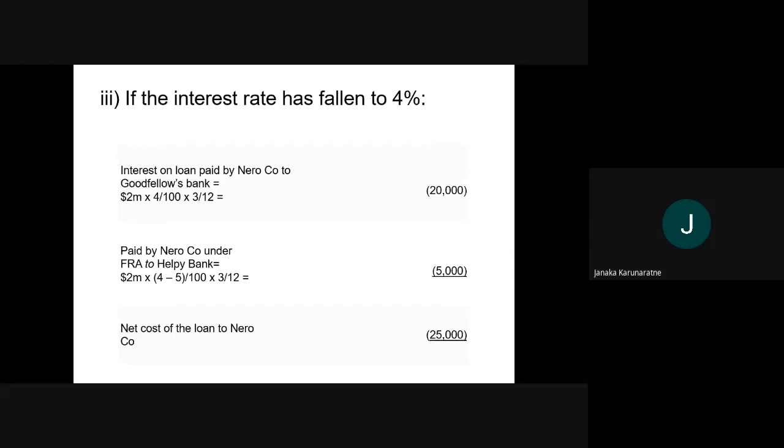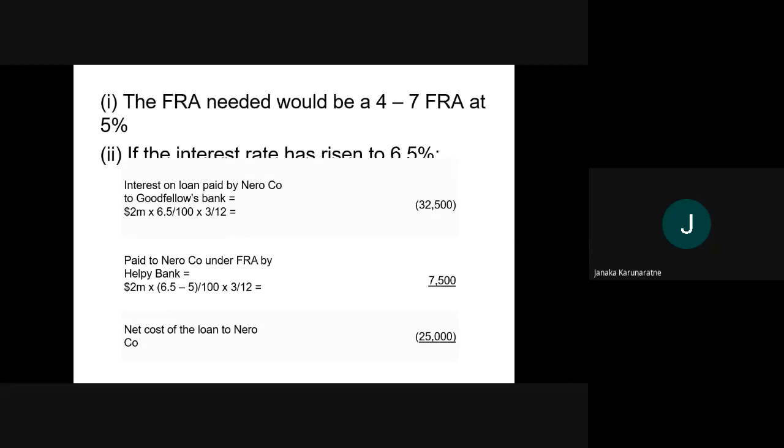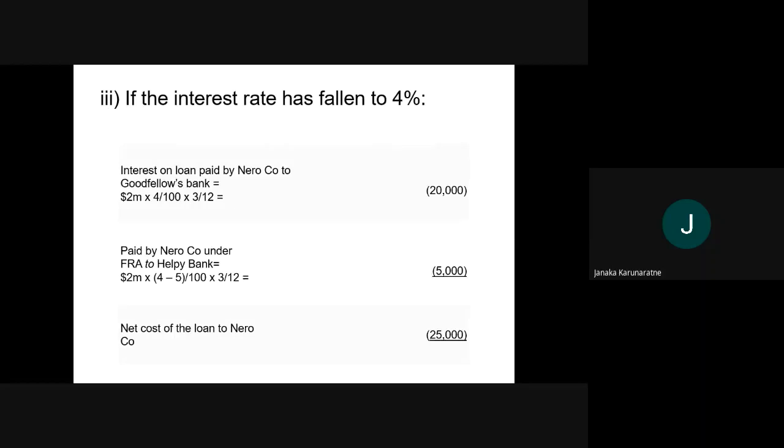So let's look at the other example. The rates fall down to 4%. So if the rates fall to 4%, my interest cost will reduce because I am paying only 4%. Earlier I had to pay 32,500, but now my cost will reduce. But I have a FRA. Now when the interest rate reduces, I have to settle the FRA balance to the bank.